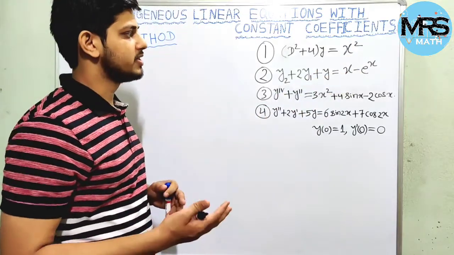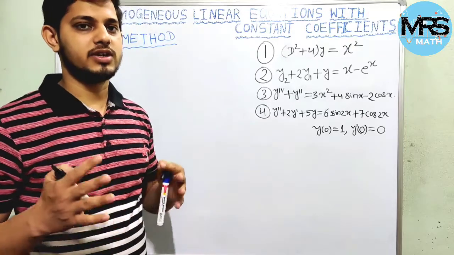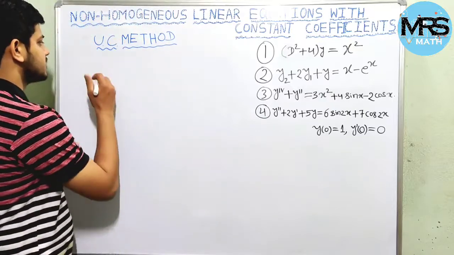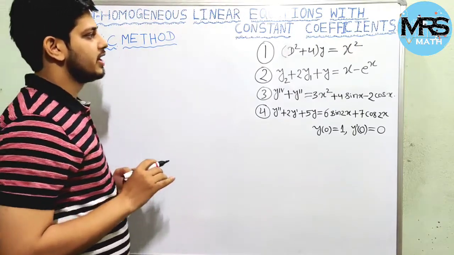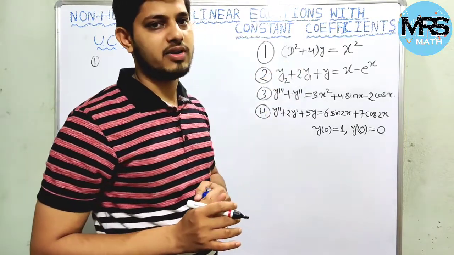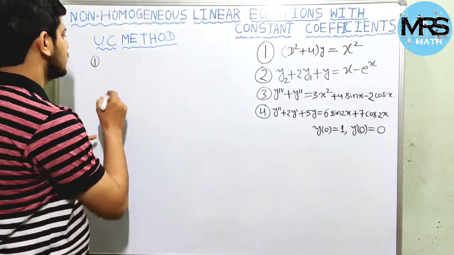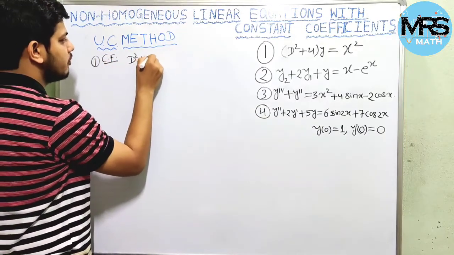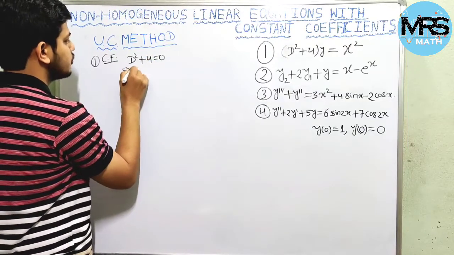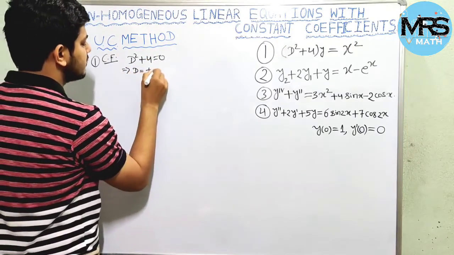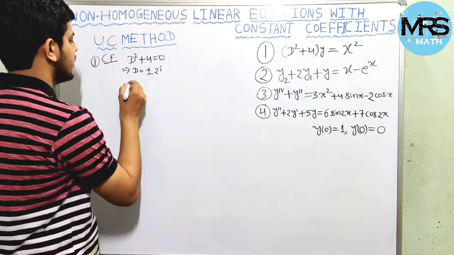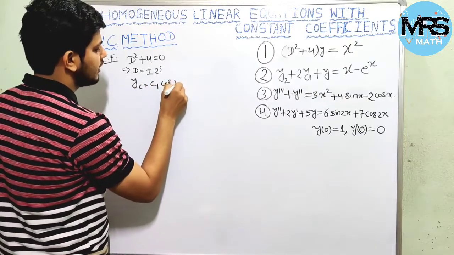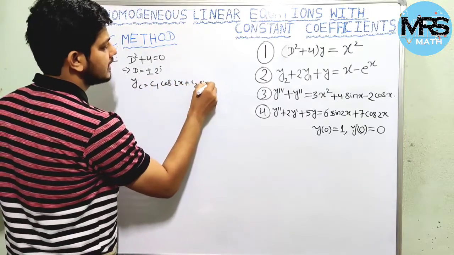According to the step-wise method I discussed in the previous lecture, we are going to solve this. First of all, we will find the complementary function for this problem. That is d square plus 4 equal to 0, so d will be plus minus 2i. Here the complementary function will be c1 cos 2x plus c2 sin 2x.